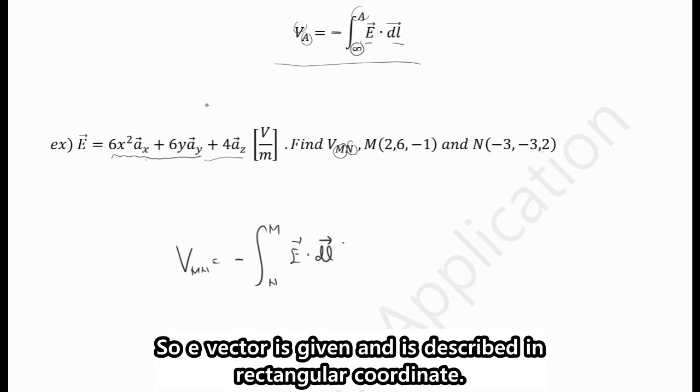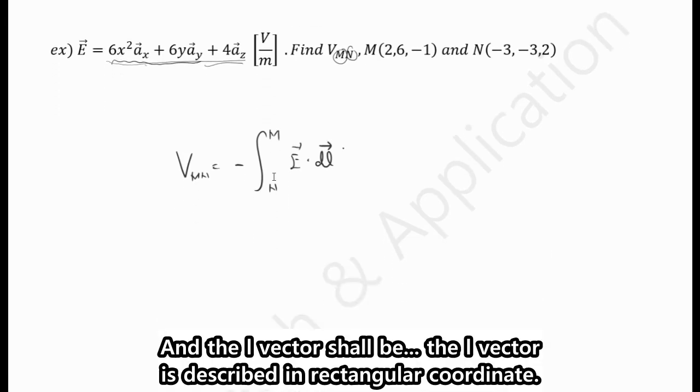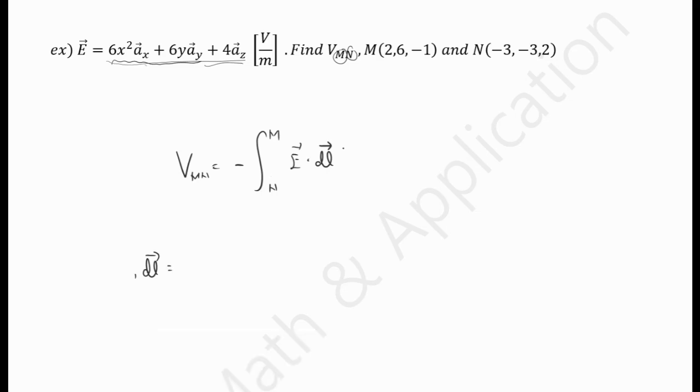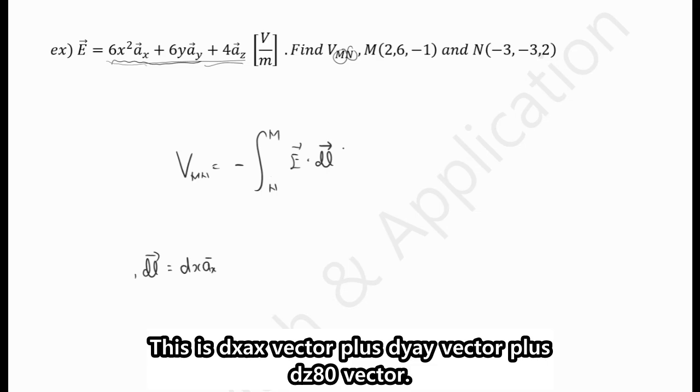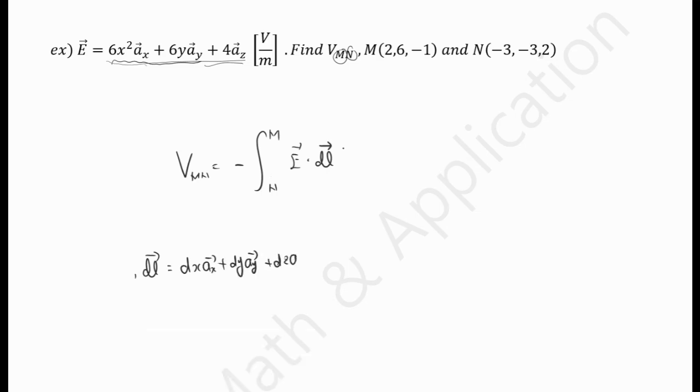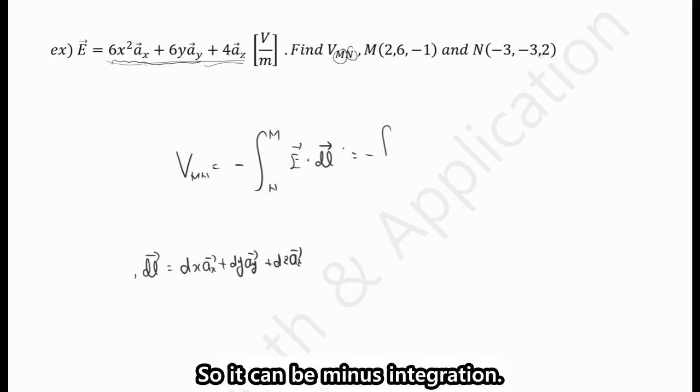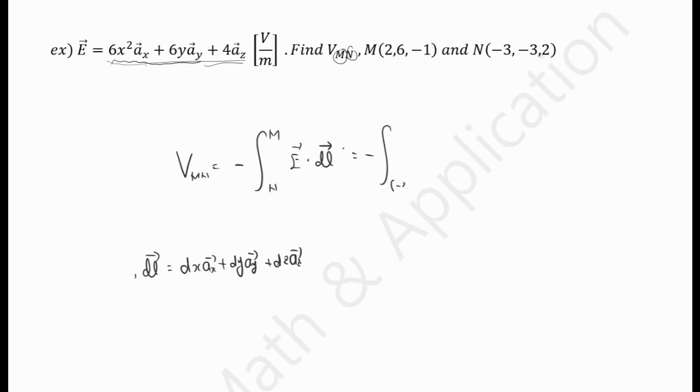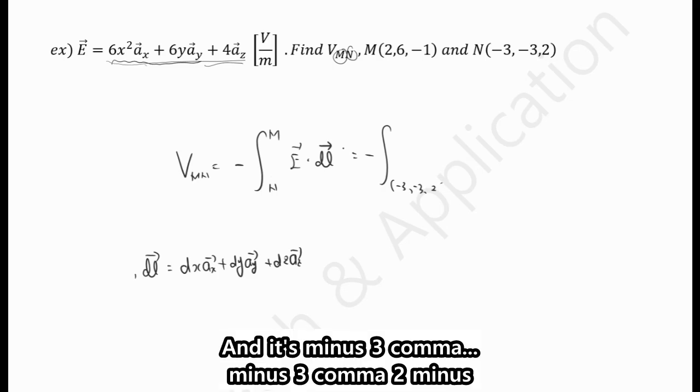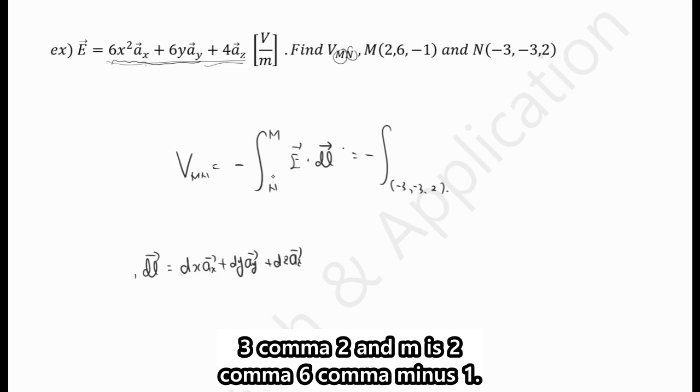The E vector is given and described in rectangular coordinates, and the dl vector is also described in rectangular coordinates: dx a_x vector plus dy a_y vector plus dz a_z vector. Here n is minus 3, minus 3, 2 and m is 2, 6, minus 1.